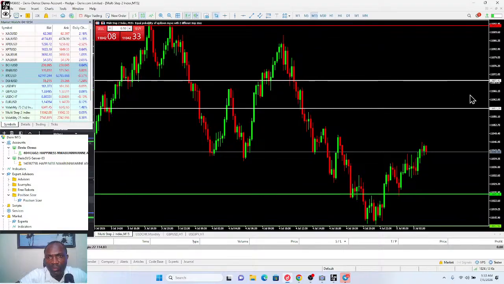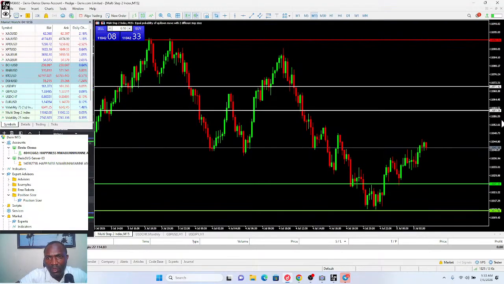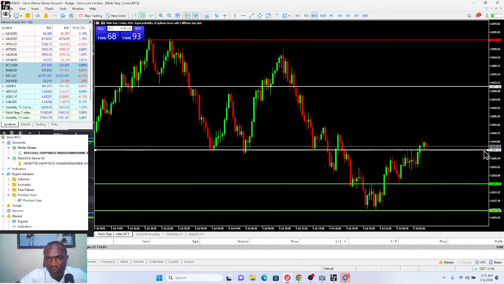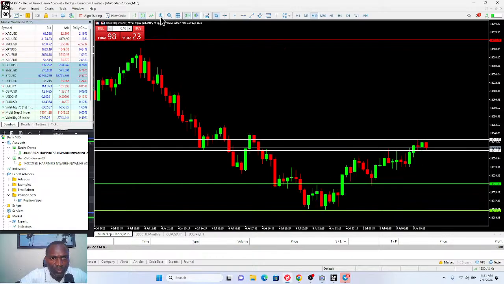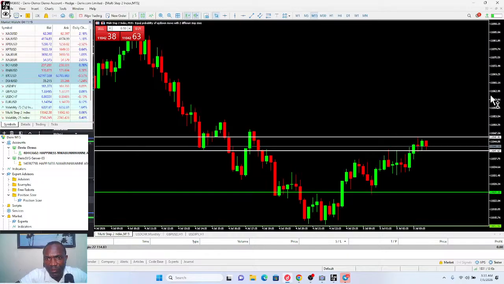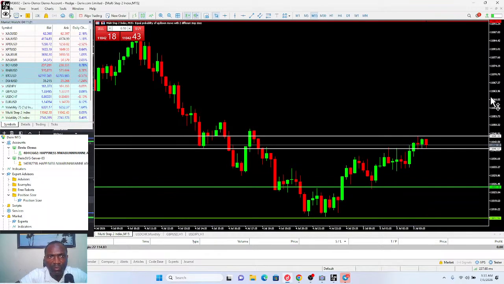Now we'll stop the top analysis at this 15 minutes time frame. So now on this 15 minutes, I want to get something clear because now this is our bias, our market structure on 15 minutes.